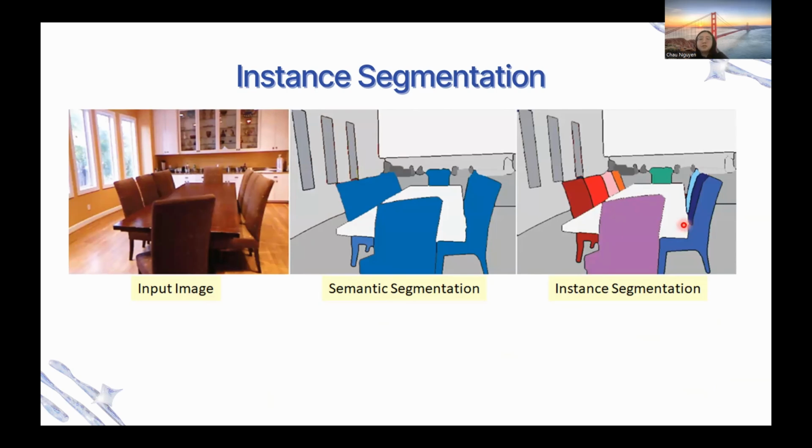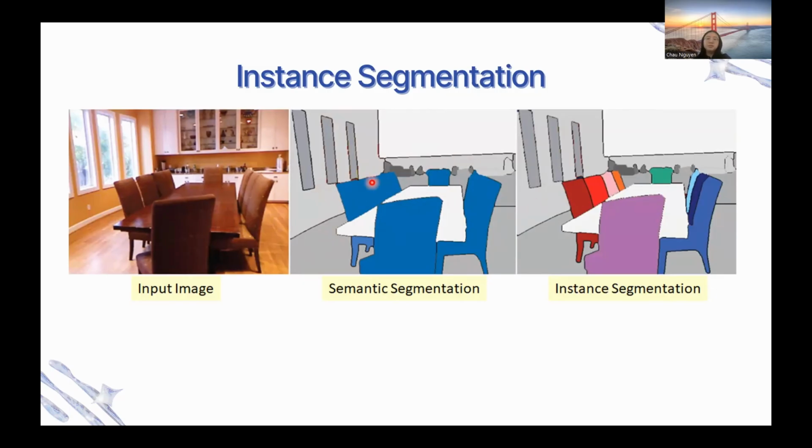Okay, so up to this point, we have discussed semantic segmentation and object detection separately. If we remember, for semantic segmentation, we classify each and every pixel. For object detection, we would draw a box around these things. But now we don't want to draw boxes anymore.